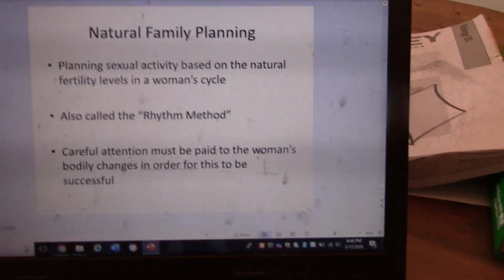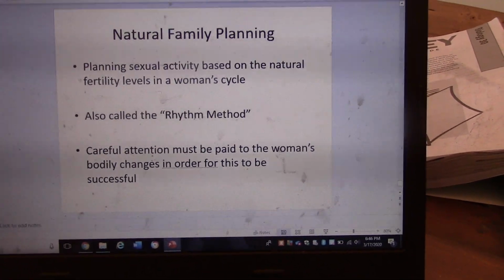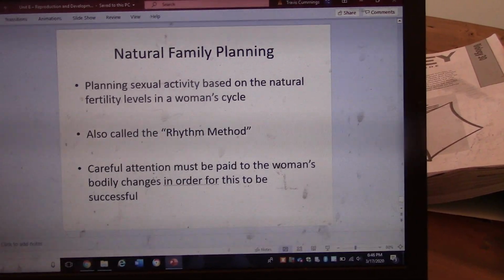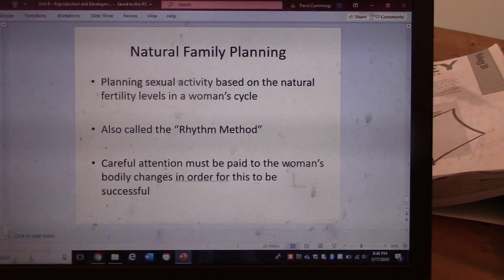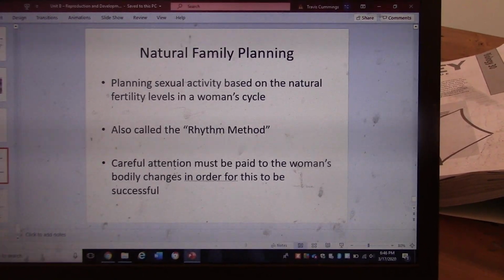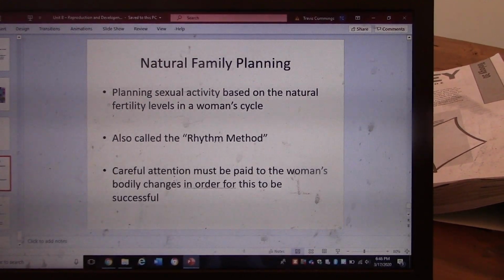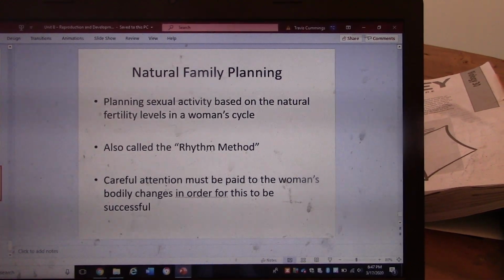You may hear of this, natural family planning as well, or NFP. NFP, I would say, is not, so if intercourse is being engaged in, I would say that natural family planning is not the way to go if the reason for intercourse is not to create life.